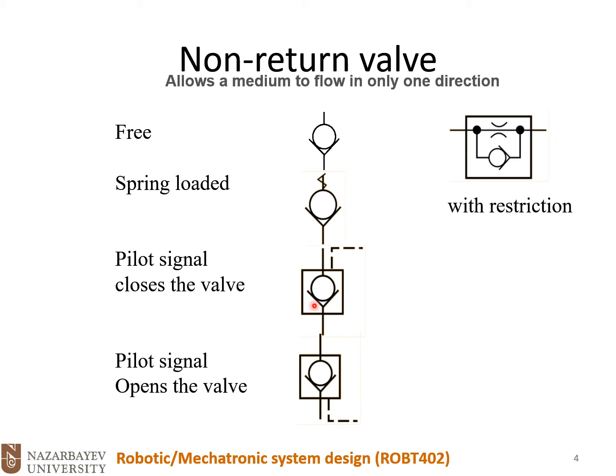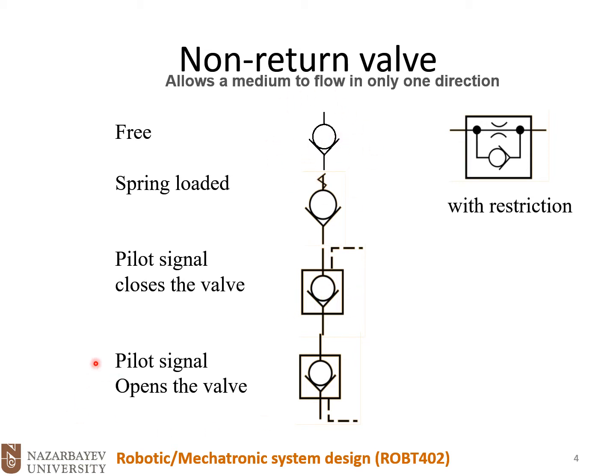So what happens when we send the signal? It will close the valve. It will basically stop the ball from moving, and the air cannot flow either way. Once we stop sending the air through the signal line, the valve works as the normal one.